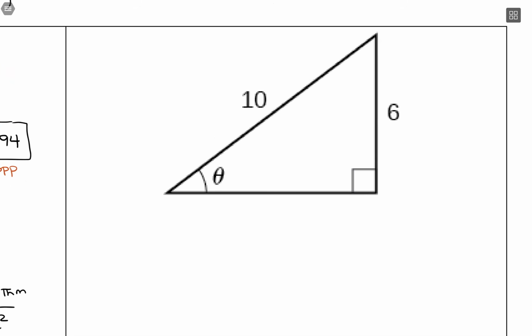All right, we are standing at this angle right here, which would make this opposite, hypotenuse. And then we're missing the adjacent side. We could solve for that using the Pythagorean theorem.